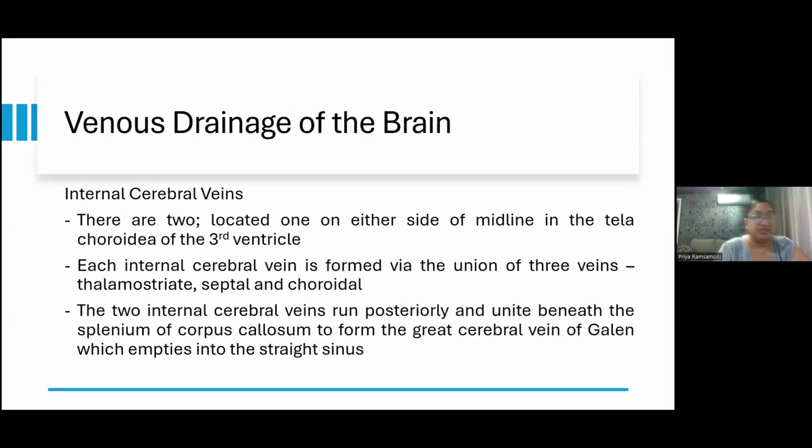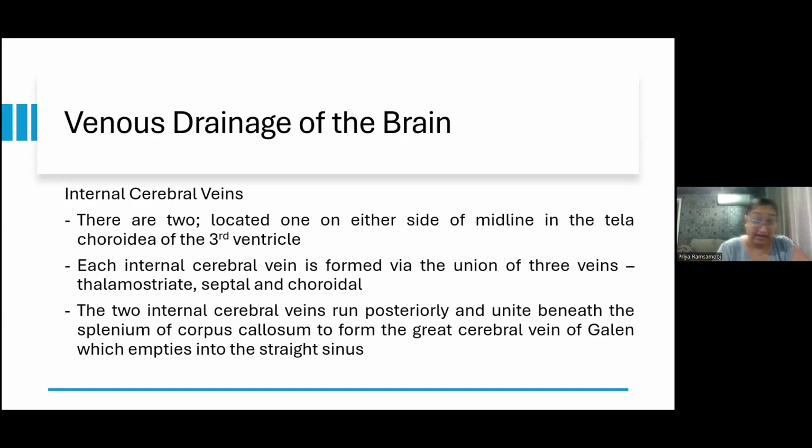So internal cerebral veins are the next big one you need to know. There are two. They're located on either side of the midline. It's actually formed at the interventricular foramen of Monro by the union of three veins. Again, thalamostriate, septal, and choroidal, right? So three veins unite to form the internal cerebral vein. And these are important veins.